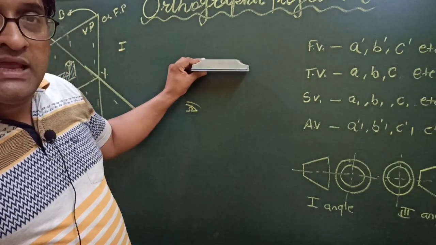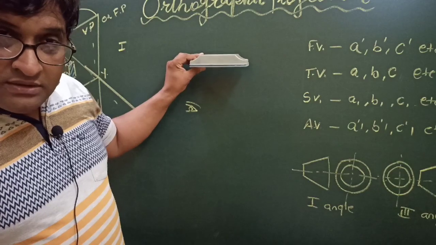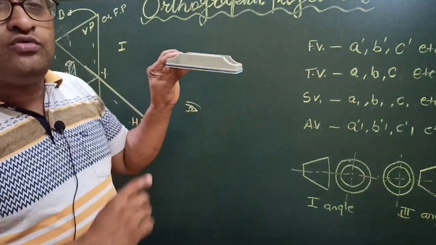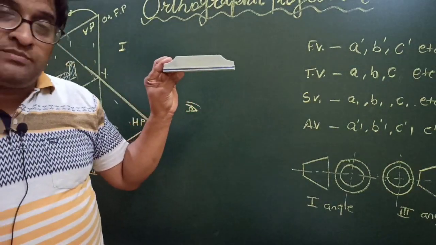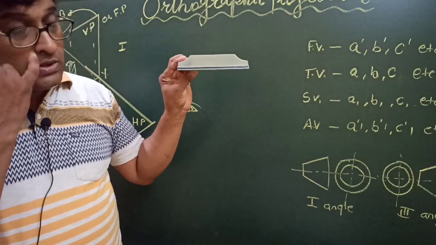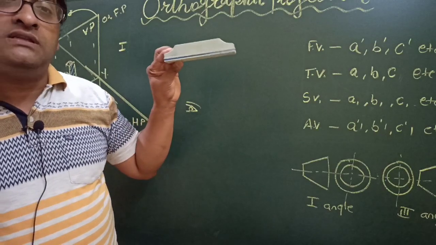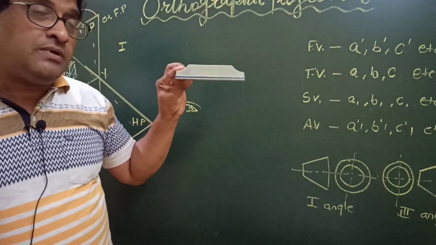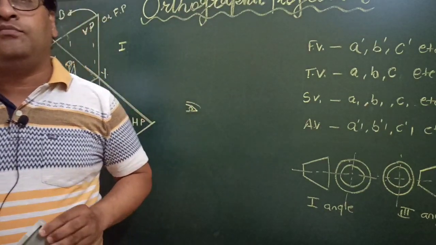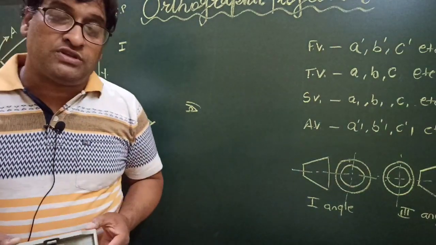This may be considered as the screen of projection, or I am drawing the contours of this object on a sheet of paper. So it may be termed as projection of this object on the sheet of paper or on the screen of projection. So this is projection.